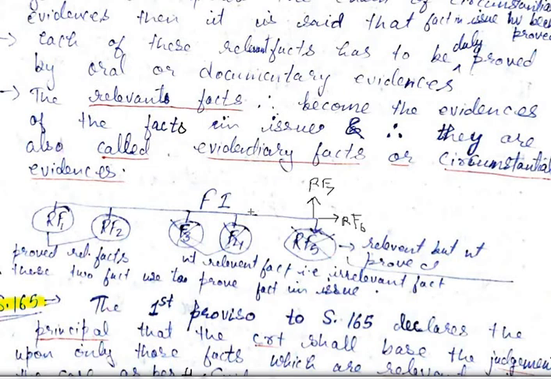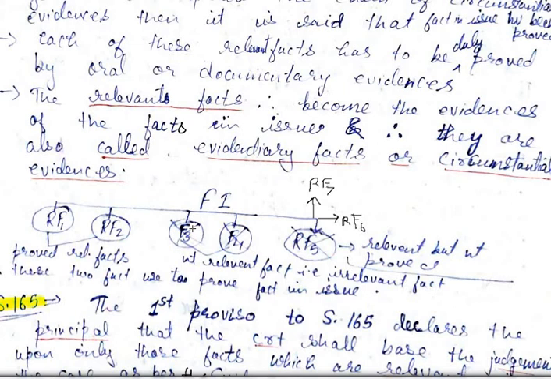As far as facts number 3 and 4 are concerned, the evidence will not be allowed by the court. That is what is called the admissibility of evidence. Evidence is admissible means what? That evidence is allowed to be proved. Evidence will be admissible only for those facts which are found to be relevant with respect to that particular case.